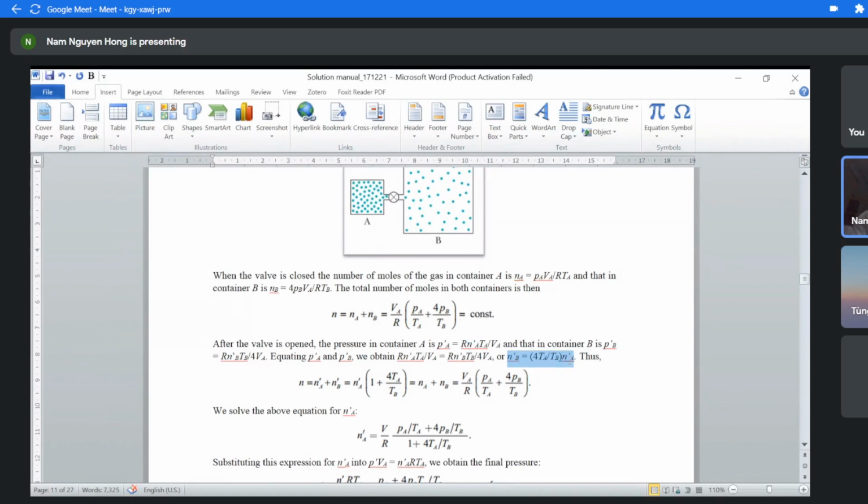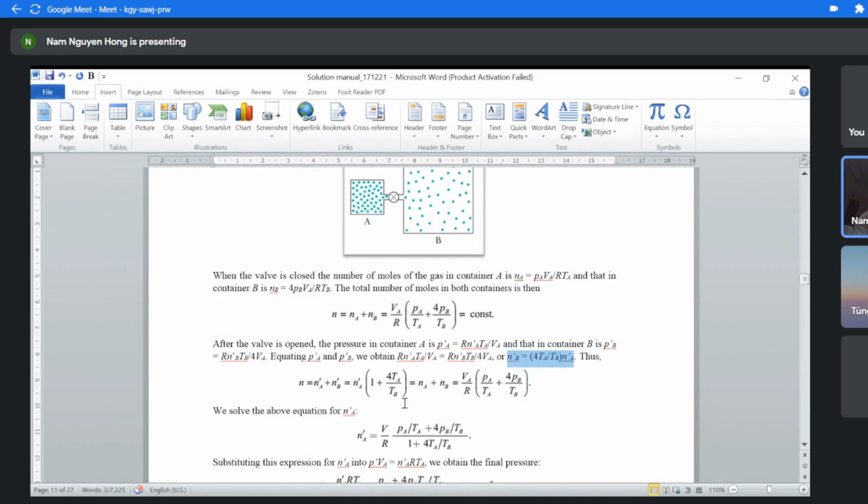We continue. We can establish an expression for the total number of moles in the gas after the valve is open. So this is this one.